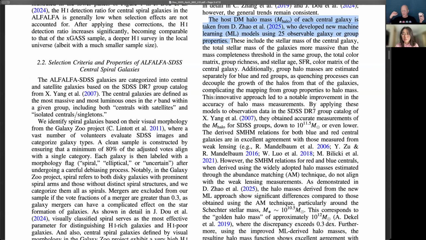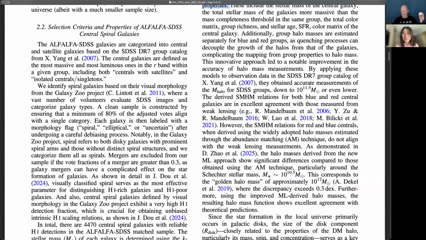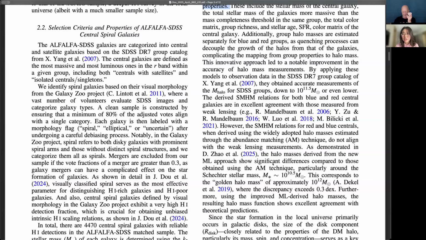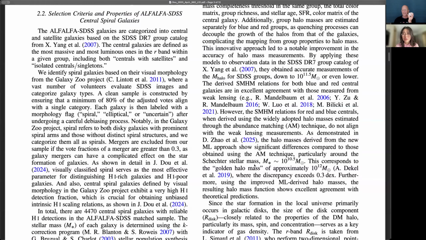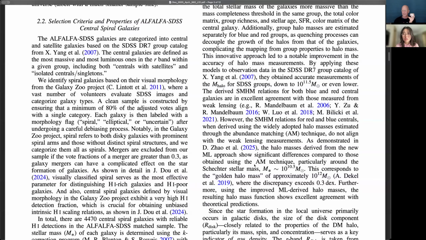After the improvement, they find that their halo mass measurements are more accurate and in excellent agreement with those measured from the weak lensing, and also in excellent agreement with the theoretical predictions and some simulations.